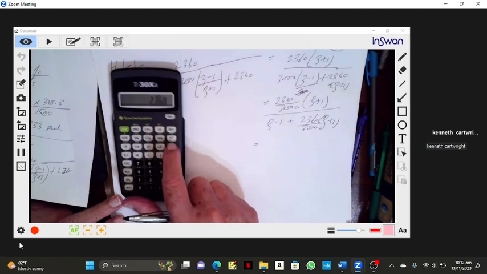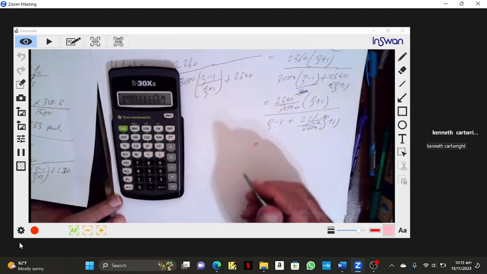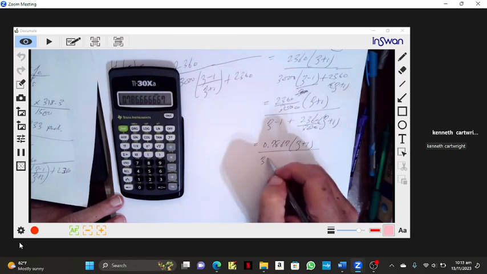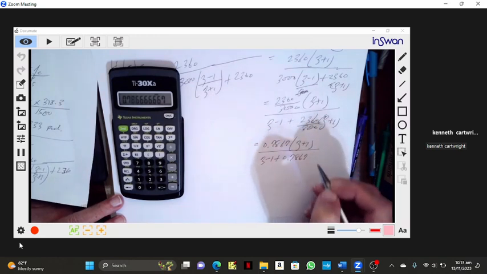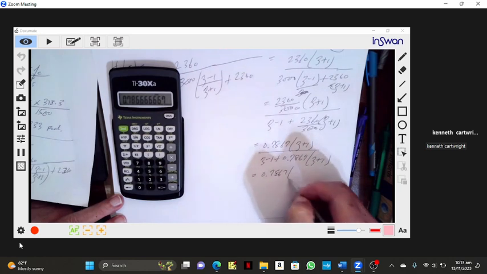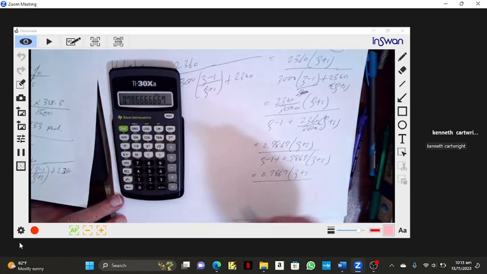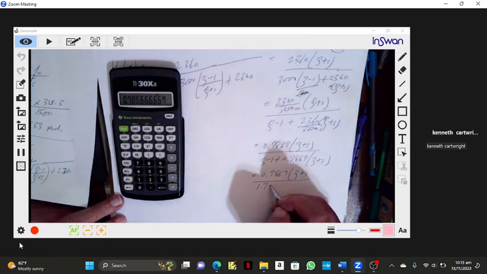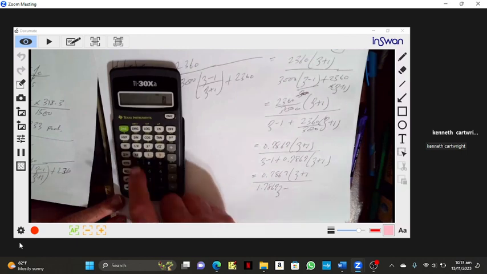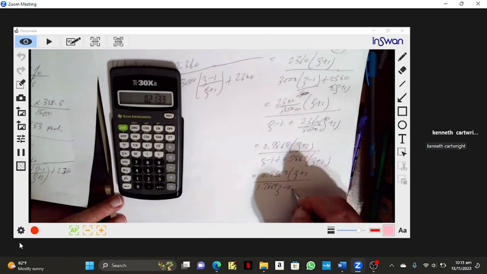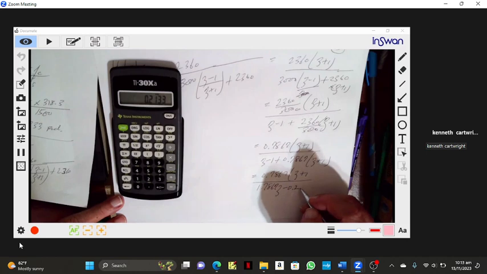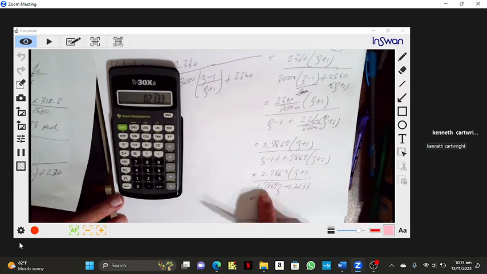And we multiply top and bottom by this leading coefficient in the denominator.